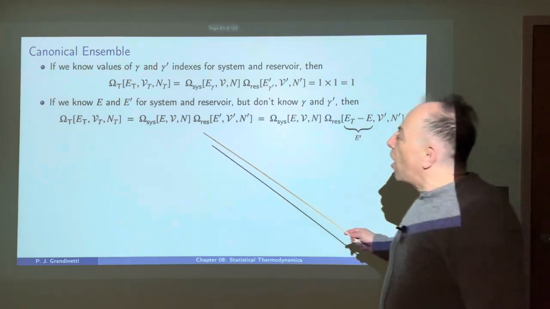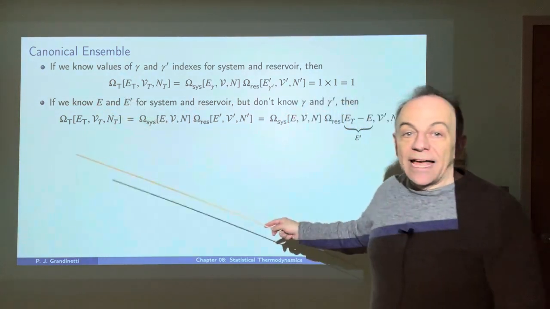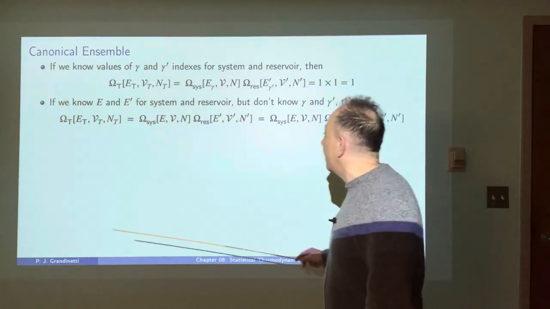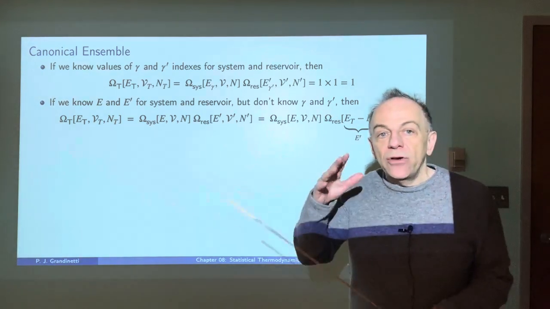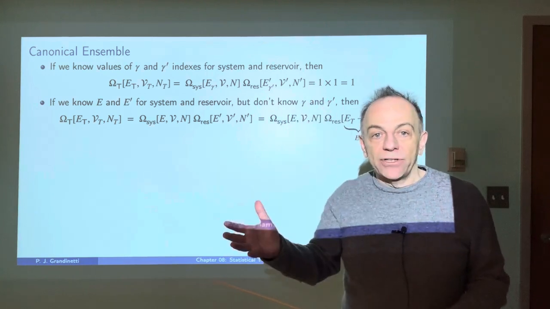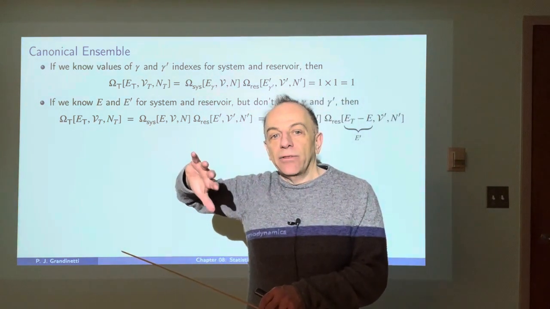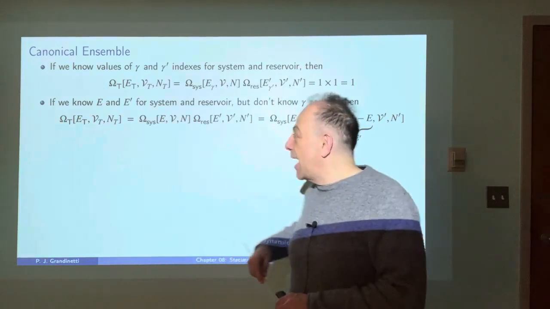Now, if I only know that the system has an energy E and the surroundings have corresponding energy E prime, then we don't know which microstate they're on. We know that the system is in one particular constant energy hypersurface, and the reservoir is also in some corresponding constant energy hypersurface.